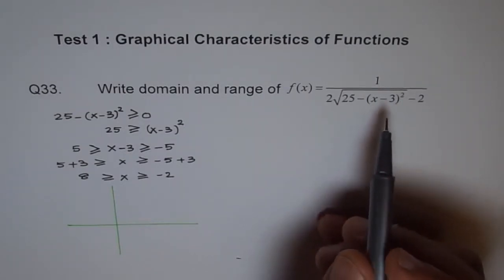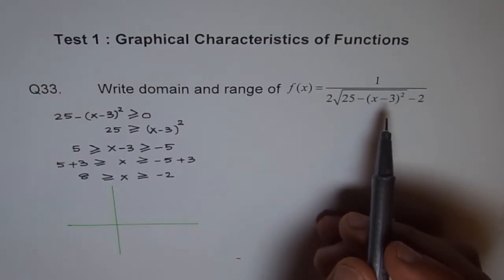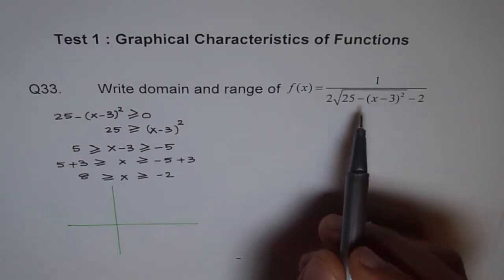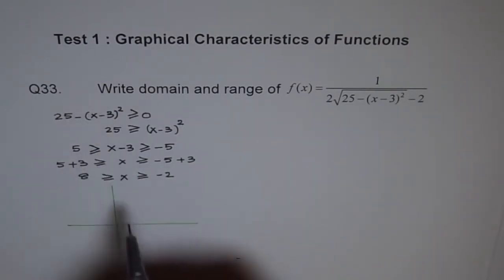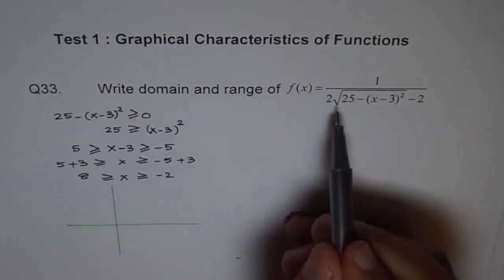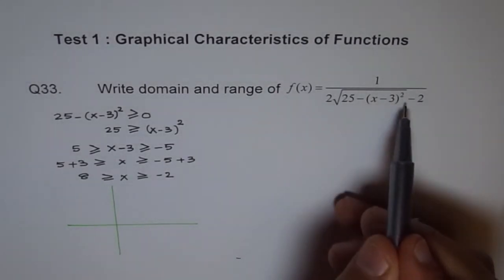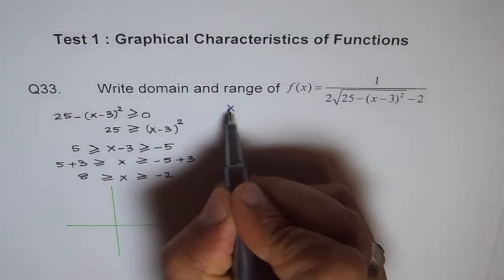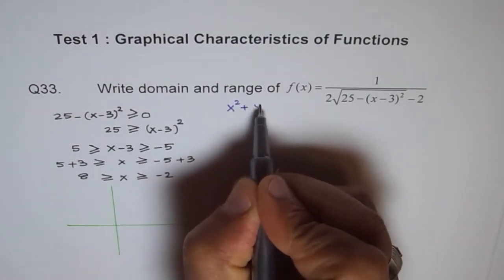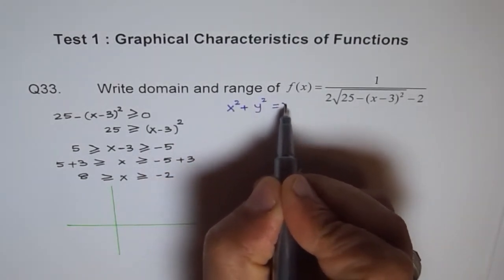Okay. Now, I'm just thinking, should I tell you the details? Okay, let's get into that detail also. But that's beyond the point which we are trying to prove. I'm just trying to show what this function is, the square root of this, right? I hope you remember the circle formula, which is x squared plus y squared equals r squared, right?